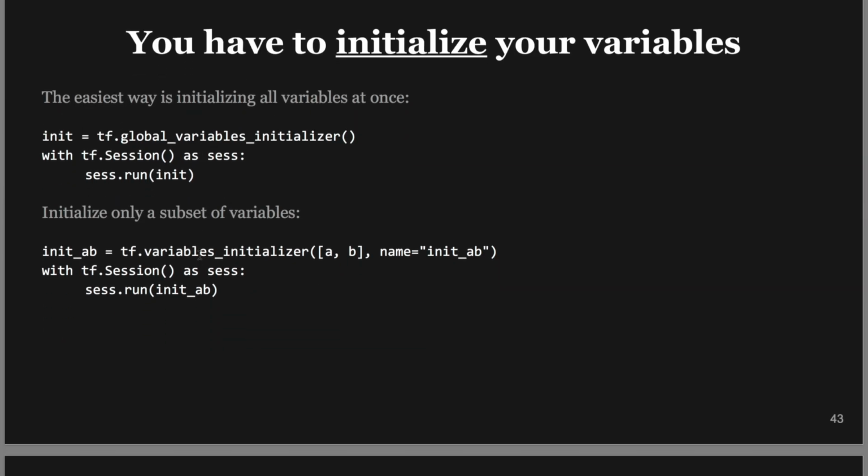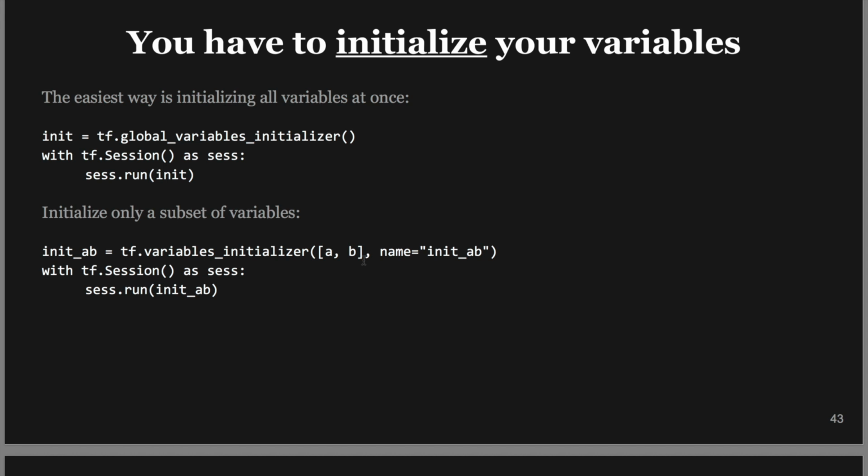Also, you can initialize only a subset of variables. So this is the construct to do that, tf.variables_initializer, and then you just pass in a list of the variables that you want to initialize, and then when you call this op, only these variables are going to be initialized. So why would you want to do that? It turns out that another way of initializing variables is to call the assign op on them with a certain value.